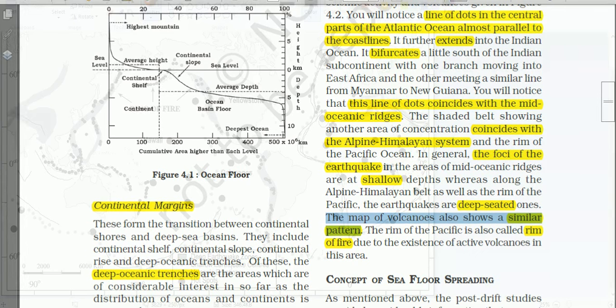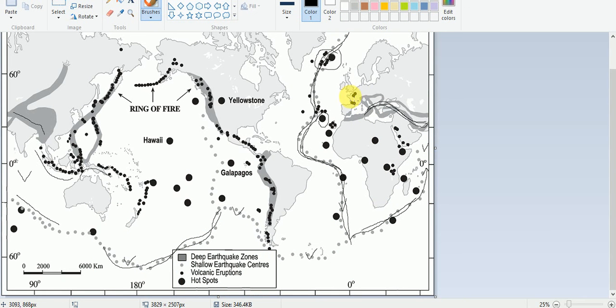Let us see once again. Here we are seeing these gray dots as well as the black dots. As I told you, the gray dots represent shallow earthquake centers, and black dots represent volcanic eruptions. That means these earthquake zones coincide with the volcanic eruption zones.